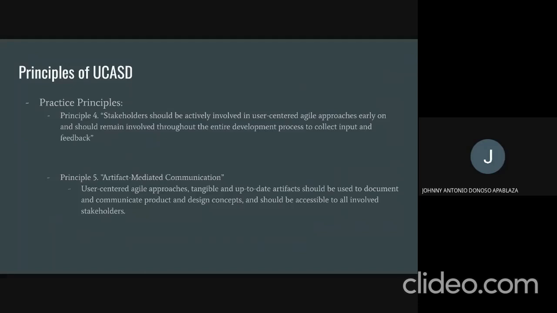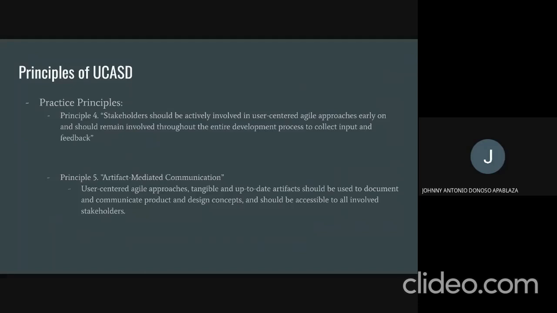Stakeholders' continued involvement in the design and development process is one of the main commonalities of user-centered design and agile software development. Both emphasize the human aspect of software development, because in the majority of cases the stakeholder represents the end user. And the last principle is artifact-mediated communication. Artifacts are central means of communication for agile and user-centered software development.